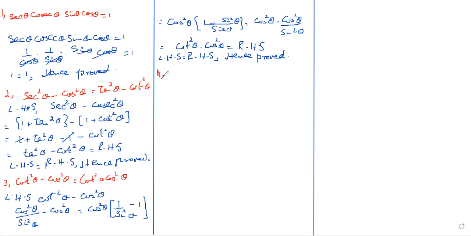Okay, the question number 4 is, prove that cotangent square theta minus 1 divided by 1 plus cotangent square theta equals to 2 cosine square theta minus 1.